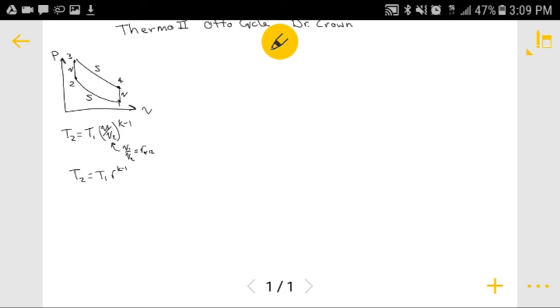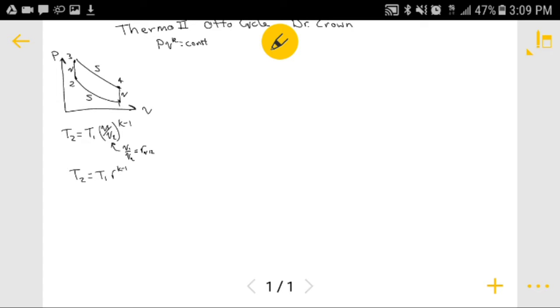So this isn't a new equation, this is just a familiar equation, one of three. Those three equations come from PV to the k equals a constant for an isentropic process.